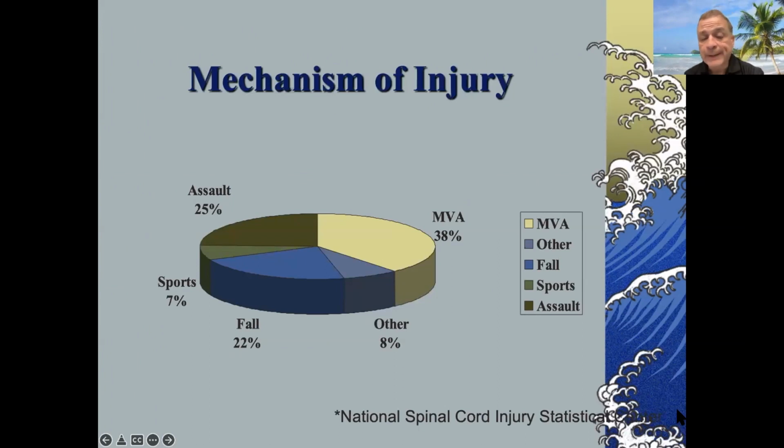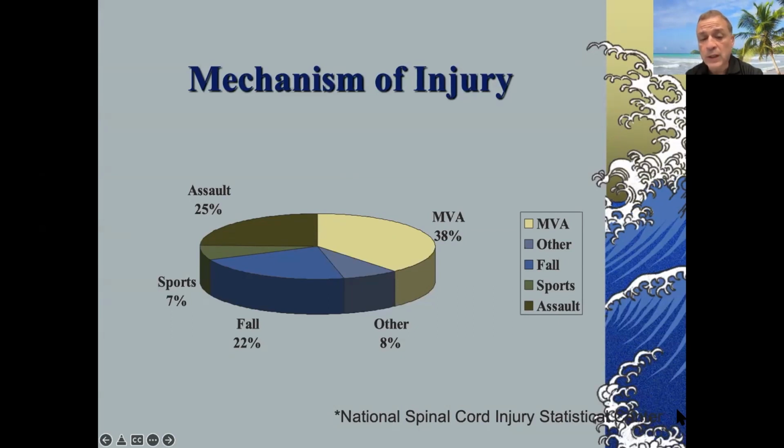In terms of mechanisms of injury, the most common is motor vehicle accident, and these statistics are a little bit old. The motor vehicle accident as an etiology is declining, and that has to do with the fact that cars are much safer with airbags and seat belts.